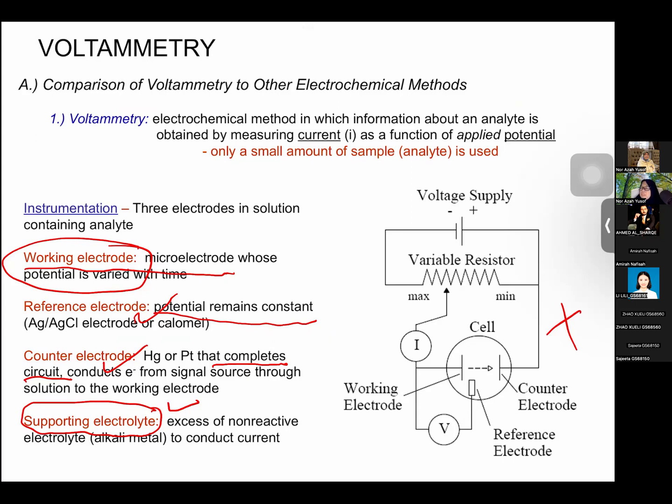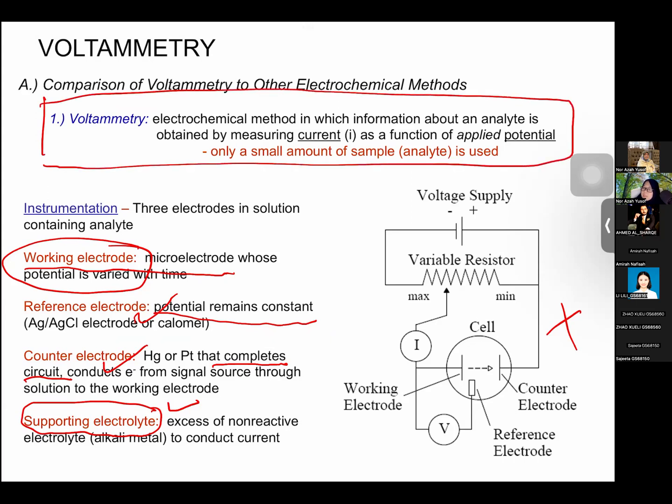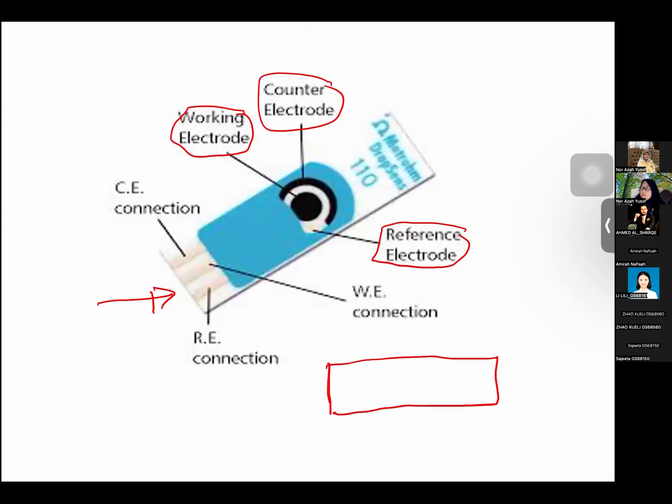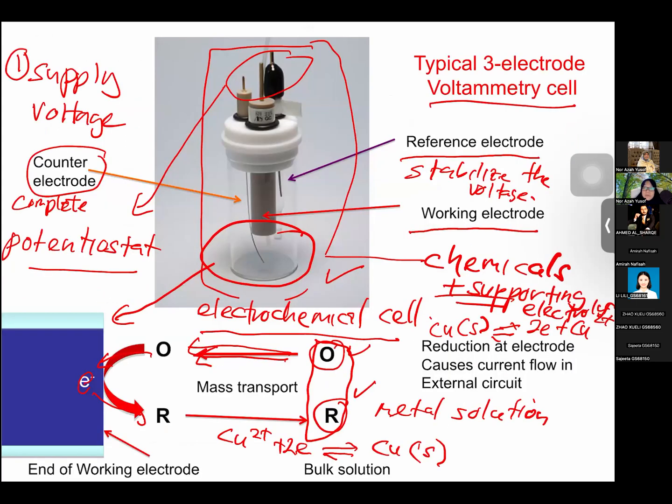So what is voltammetry? By definition, it is an electrochemical method in which information about an analyte, the one that you wish to analyze, is obtained by measuring current as a function of applied potential. Remember, when we talk about voltammetry, we have to supply voltage for the reduction and oxidation to happen.